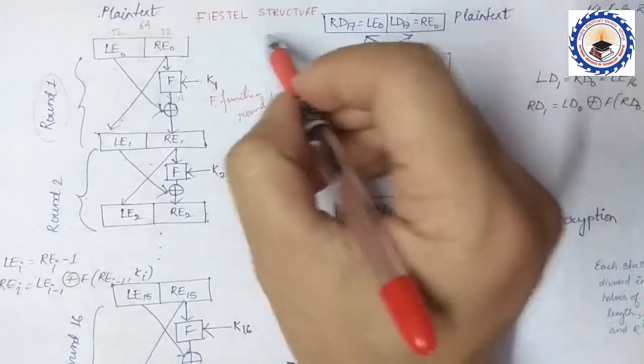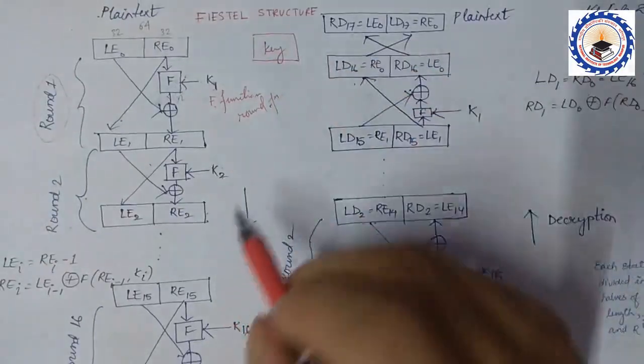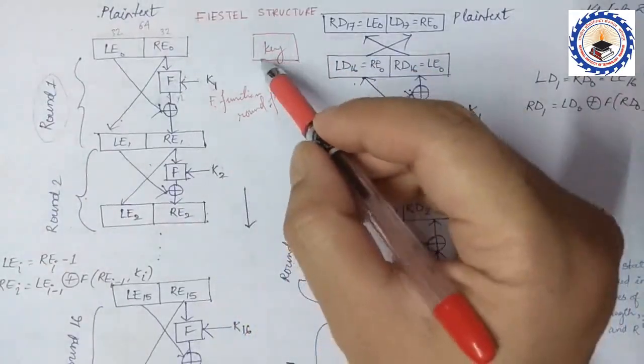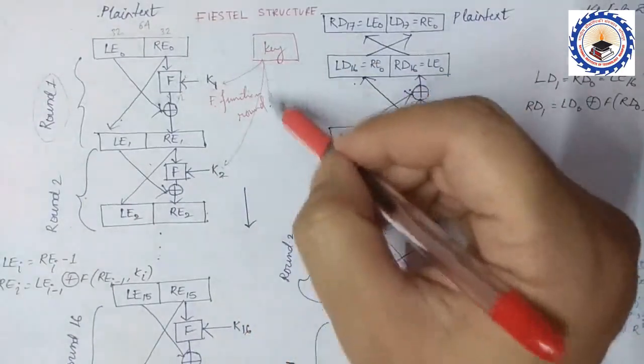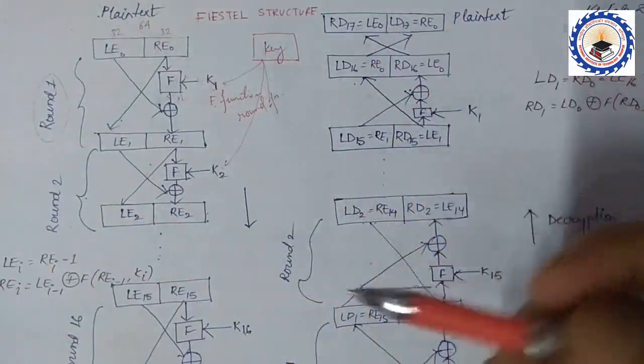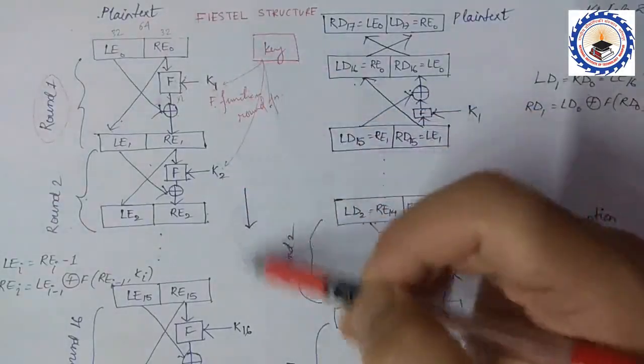For example, there is a key generator. This key generator will generate K1, again K2, again K16, and so on. There will be a particular algorithm to generate K1, K2 and K16.